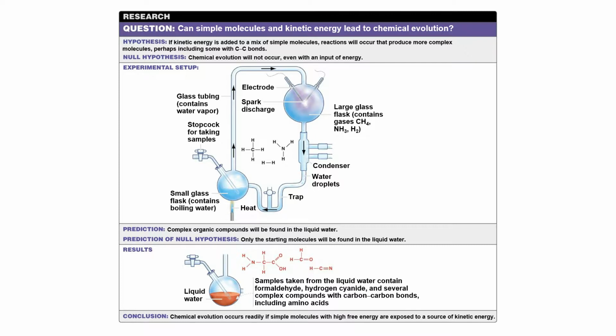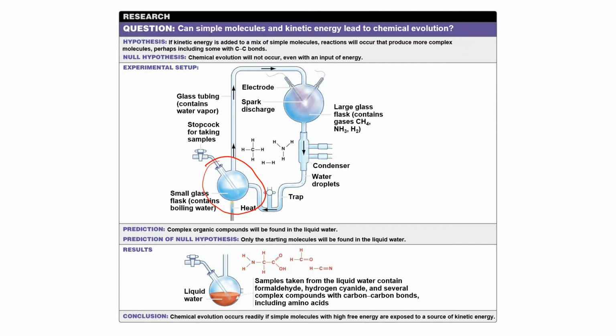What we have here is a small flask that contains boiling water. As the heat is transferred from your heating source, a candle or Bunsen burner, you have the boiling of the water.